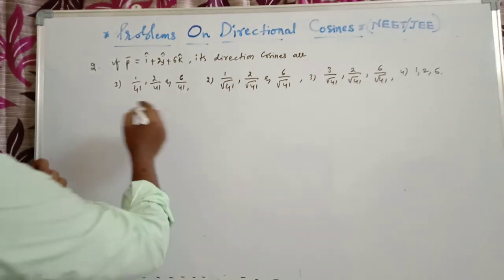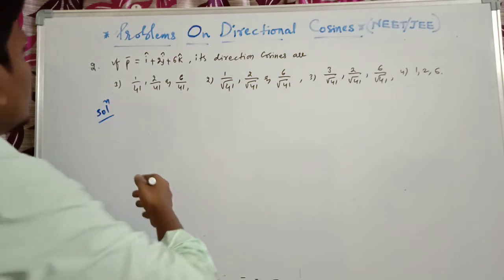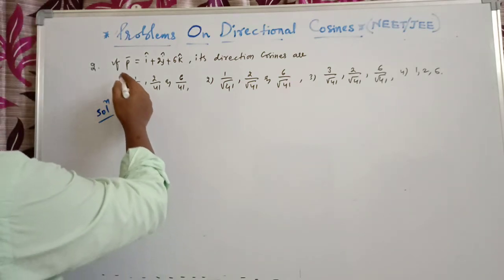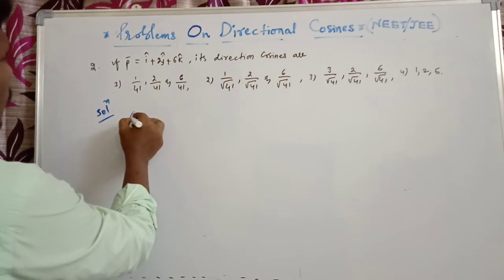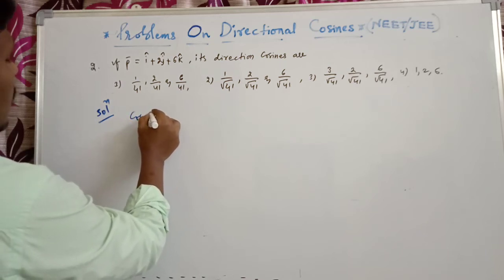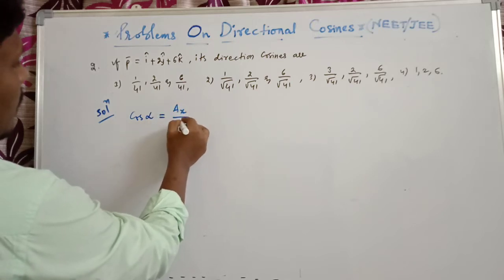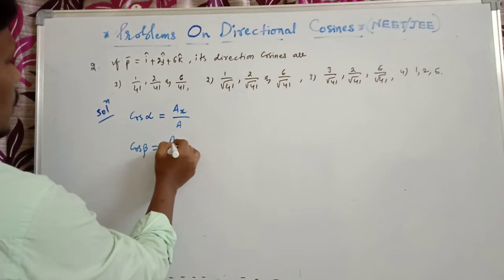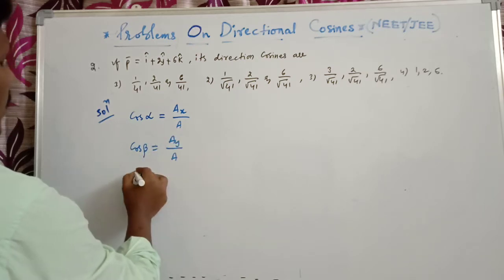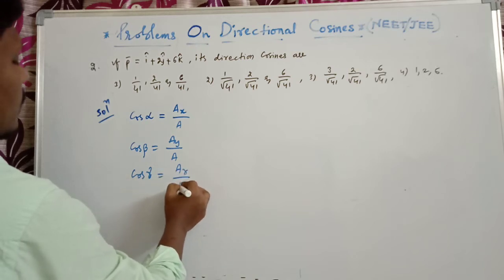Solution. Here p bar is a vector, but we know that the direction cosine, cos alpha is equal to ax by a, yes or no? And cos beta is equal to ay by a, and cos gamma is equal to az by a.